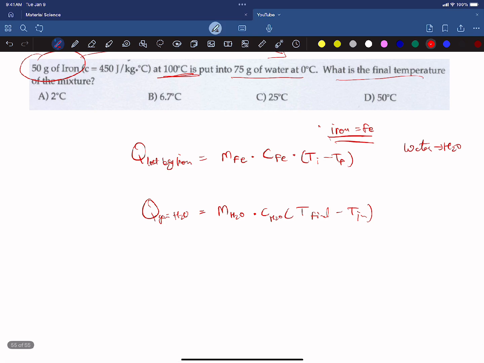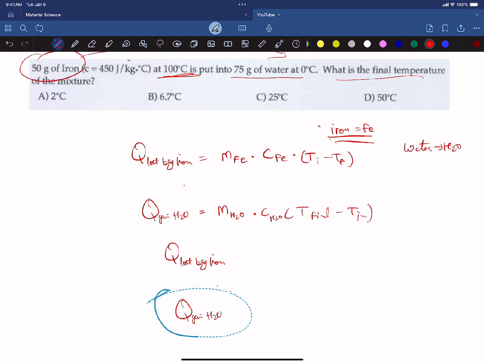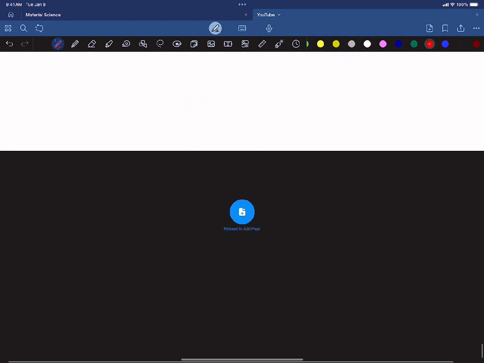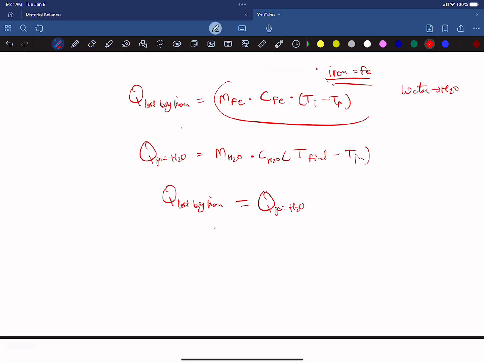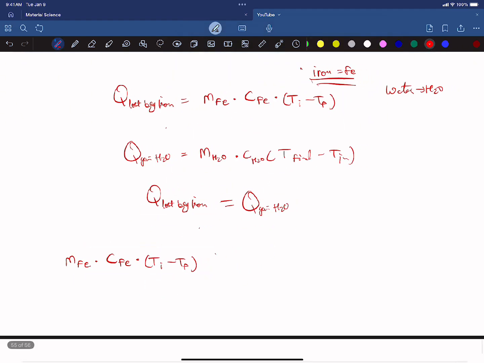Now our heat is transferred from the iron rod to the water, so we can say that this is equal to this. So our equation would be this equal to this.